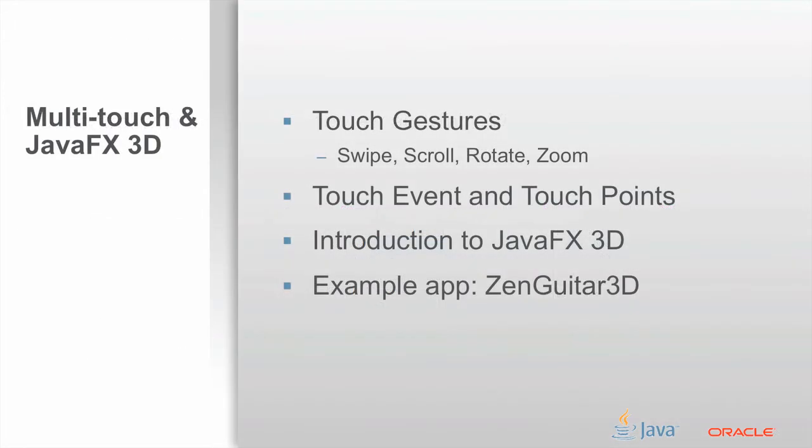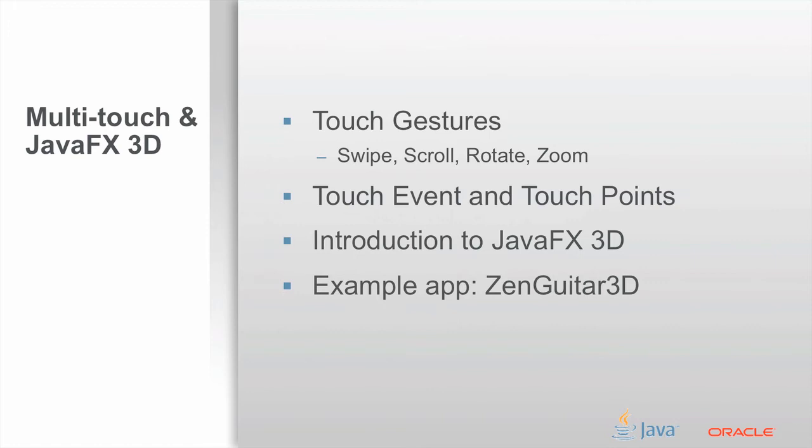As I mentioned before, JavaFX 8 has 3D now, and I'm going to talk about that in conjunction with multi-touch because those things go together pretty well. So I'm going to talk about the touch gestures, swipe, scroll, rotate, and zoom, and then talk about a lower level thing that we have in JavaFX called TouchEvents.